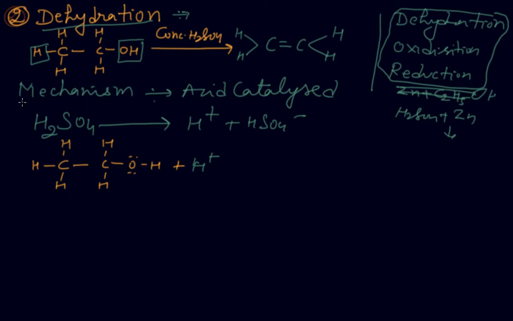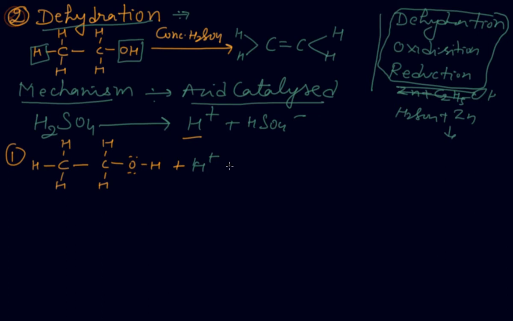Now its mechanism is an acid catalyzed mechanism. As usual, H2SO4 will break down and give you H plus. This H plus will act as an electrophile and attack the alcohol. This is the first step.